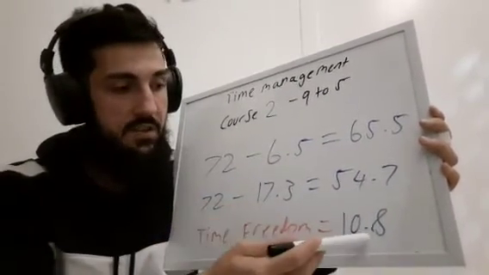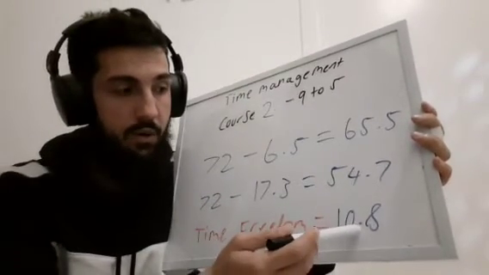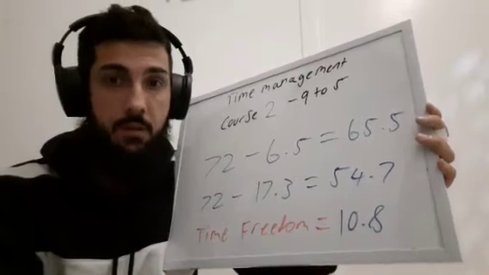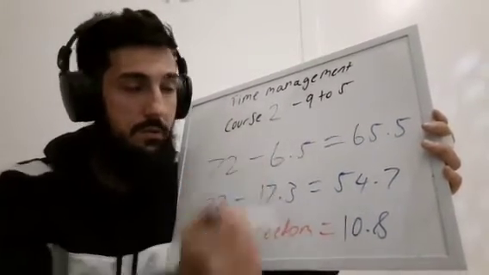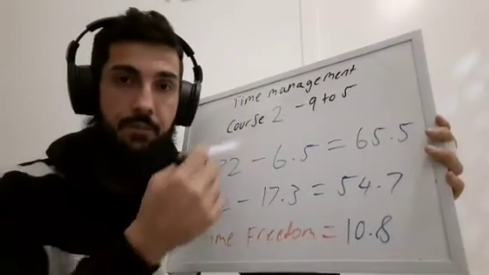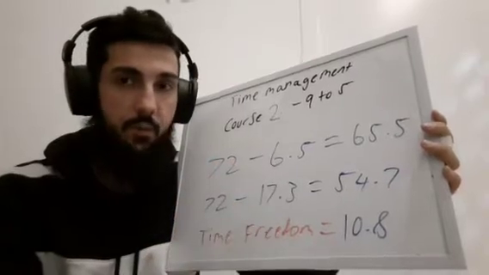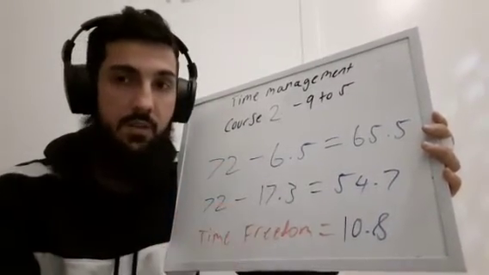That is 10.8 years of time freedom. I just made 10.8 years of time freedom away from the 9 to 5 job because I chose to work the minimum wage. I chose to work 15 hours a week rather than 40 hours a week.